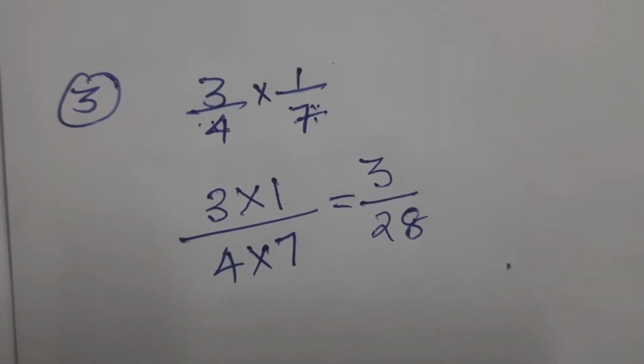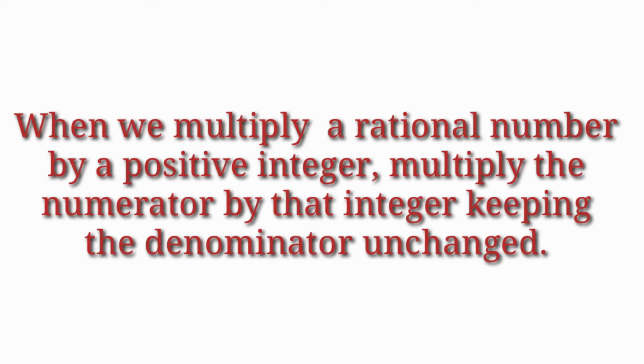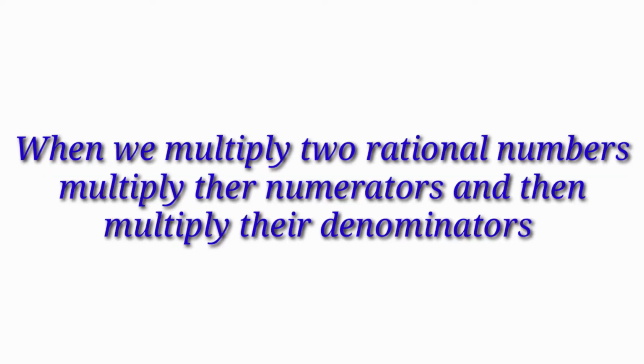We get 3 by 28. In general, when we multiply a rational number by a positive integer, multiply the numerator by that integer, keeping the denominator unchanged. And when we multiply two rational numbers, multiply their numerators and then multiply their denominators. Write it as another rational number.